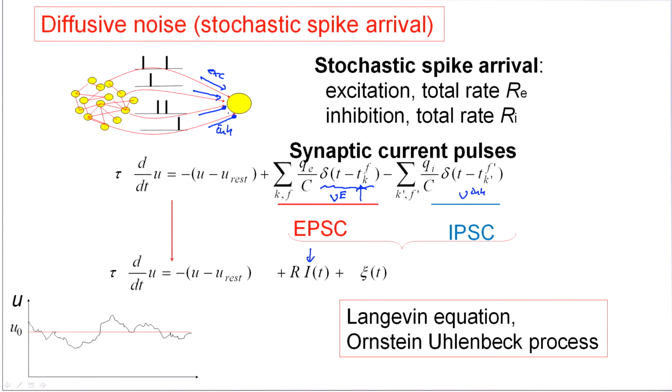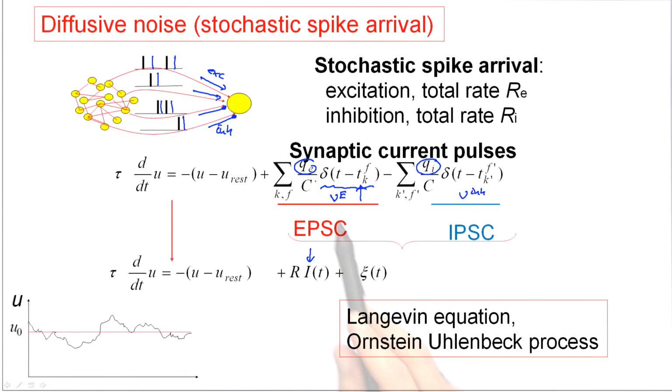Now let's suppose that we increase the frequency in each of the input channels while decreasing the jump size, decreasing the charge delivered per pulse. Now, if we increase by a factor of 10 and decrease the jump size by a factor of 10, then there are many jumps. The frequency is very high, but each jump makes only a very small contribution.